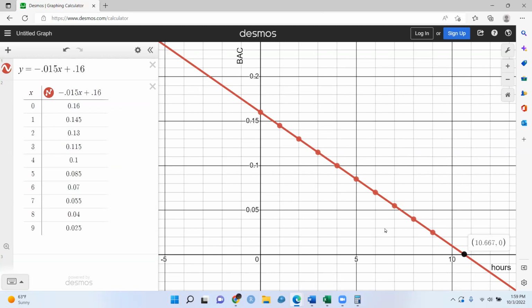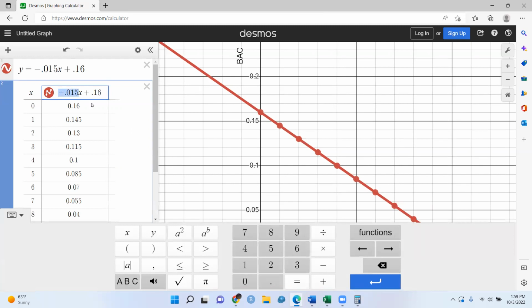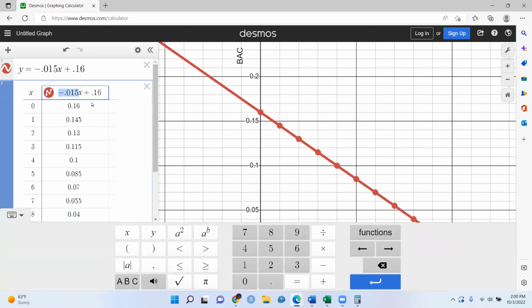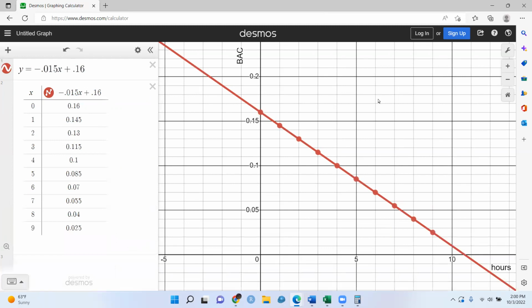For this particular individual, it left at 0.015% per hour. Remember that this is based on your particular body makeup. So while it's constant for each person, the constant rate at which it leaves your body is not the same for everyone, which probably goes without saying, but it's worth saying. So for our guy, it's going to take him approximately 11 hours for there to be no alcohol in his blood.